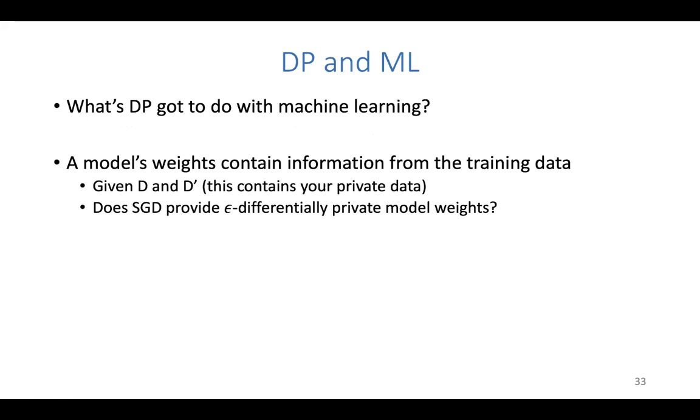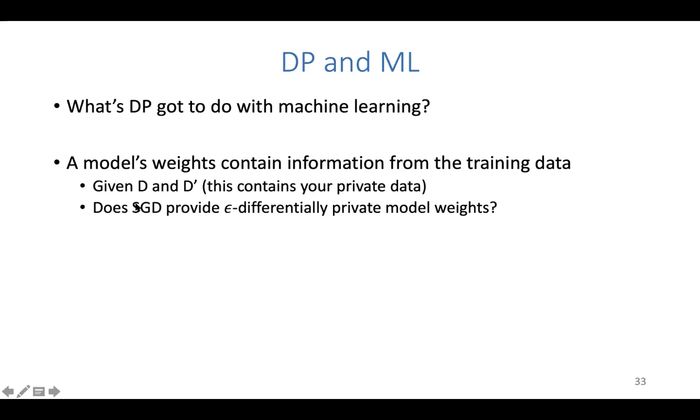So we can ask a question such as, when there are two data sets, D and D prime, which differ by only one record, one training sample, which could be your sample, does stochastic gradient descent provide epsilon differentially private model weights?